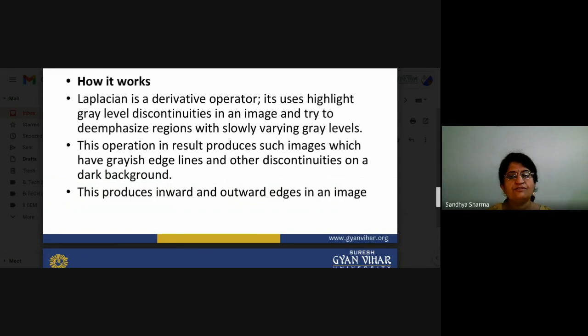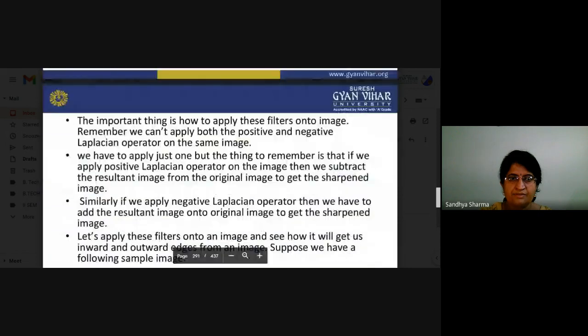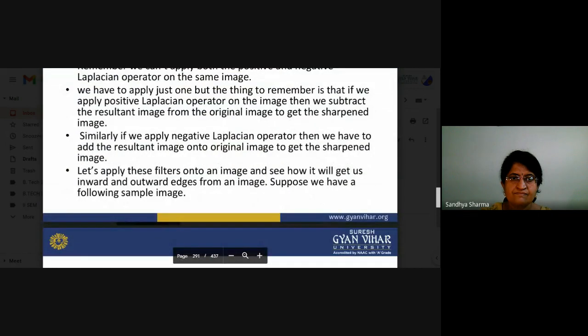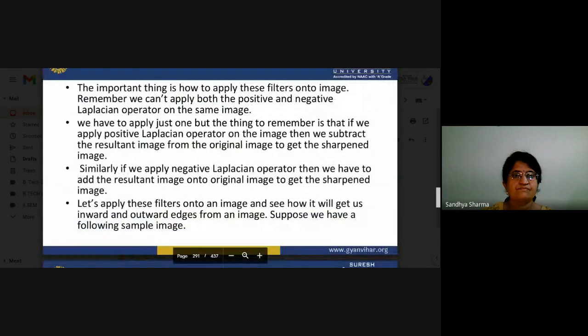This produces inward and outward edges in an image. So it is used for the outlines of inward and outward edges.